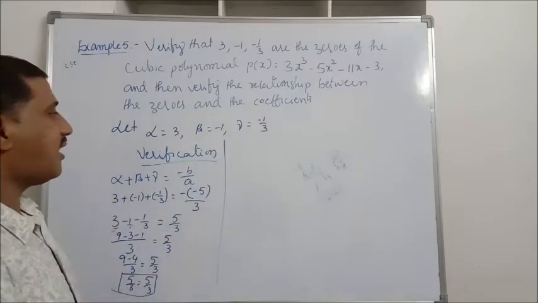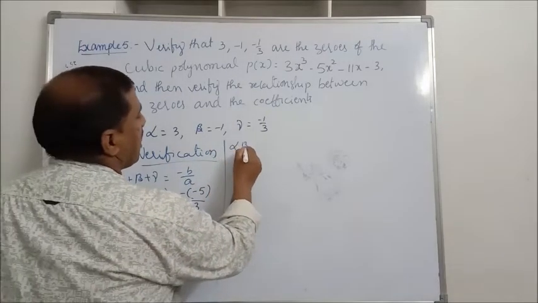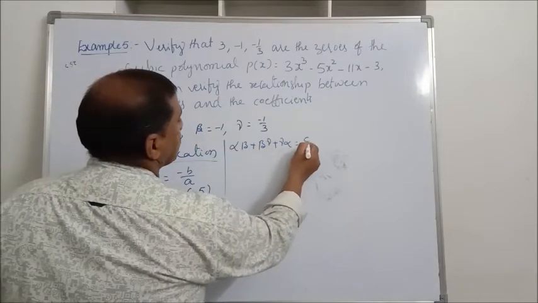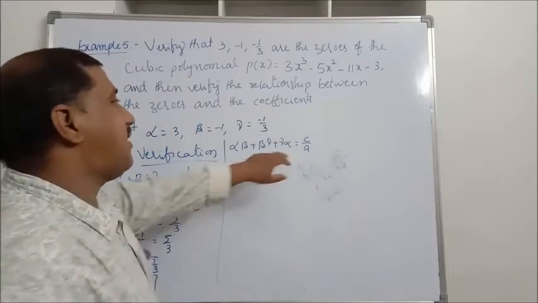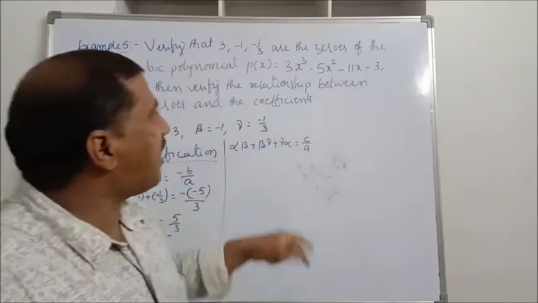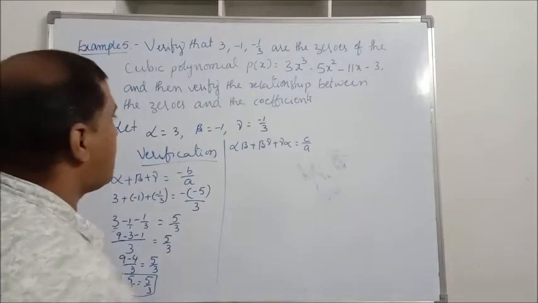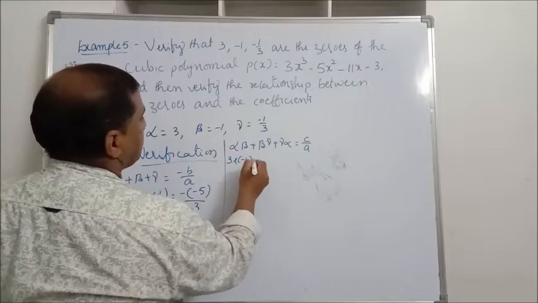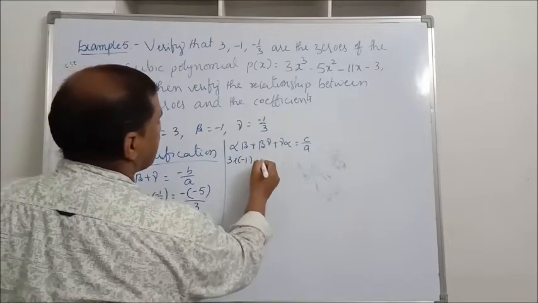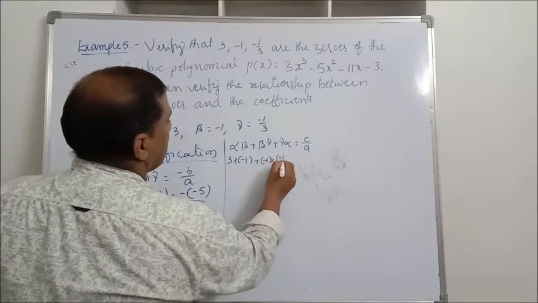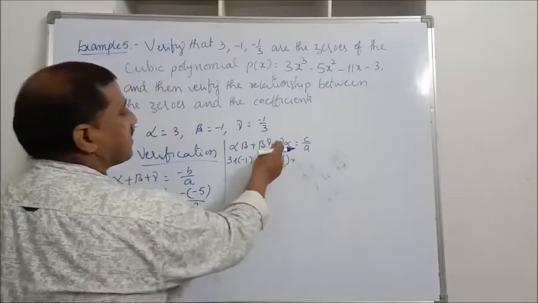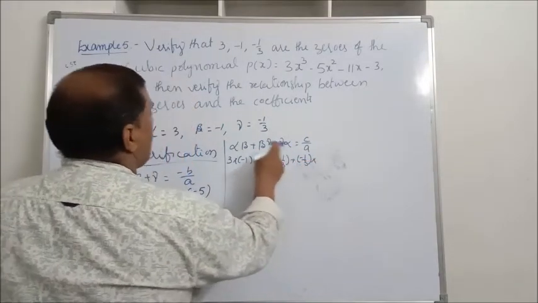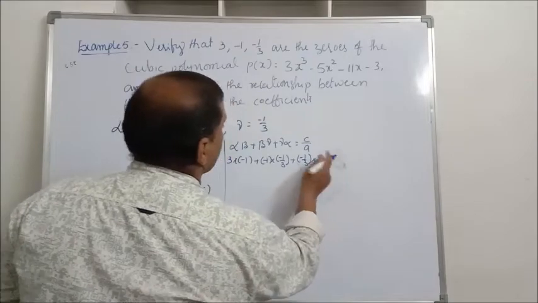Next it is alpha into beta plus beta into gamma plus gamma into alpha is equal to c by a. That is, c means it is the coefficient of x, divided by a, which is the x cube coefficient. Alpha into beta means it is 3 into minus 1, plus beta into gamma, that is minus 1 into minus 1 by 3, plus gamma into alpha, that is minus 1 by 3 into 3, is equal to c by a.